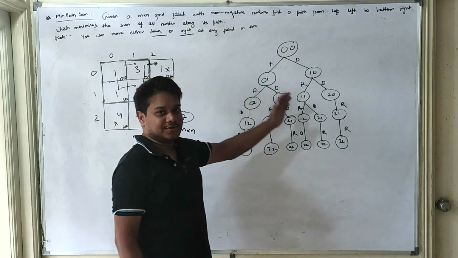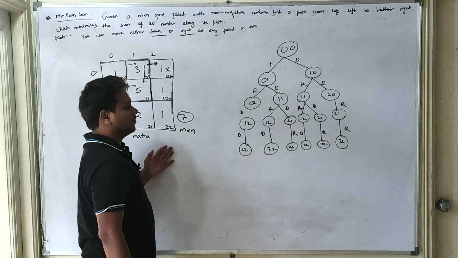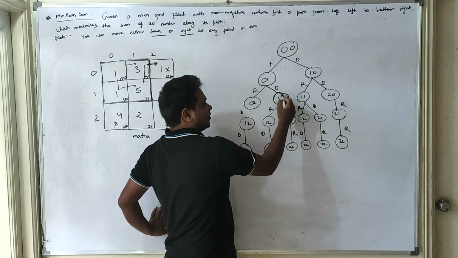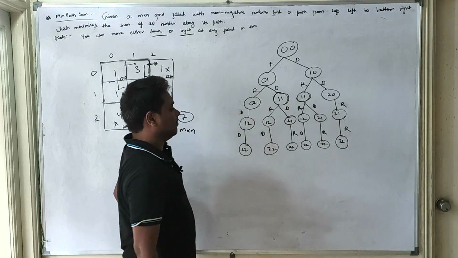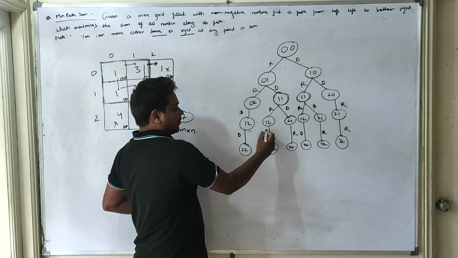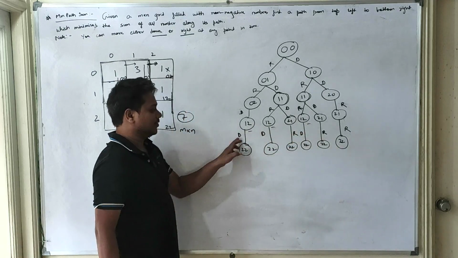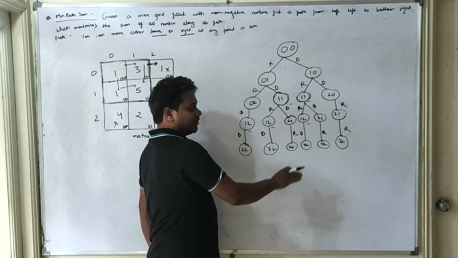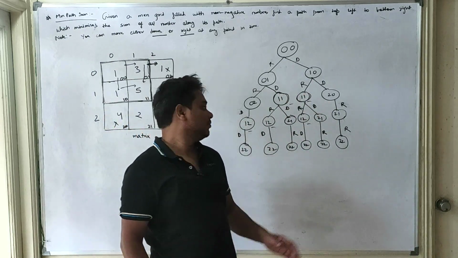This is the complete state space tree for this particular matrix. As you can see, we are having overlapping subproblems over here. For 1, 2 we are trying to calculate too many times. Then for 1, 1 we are trying to calculate the minimum path sum 2 times over here.